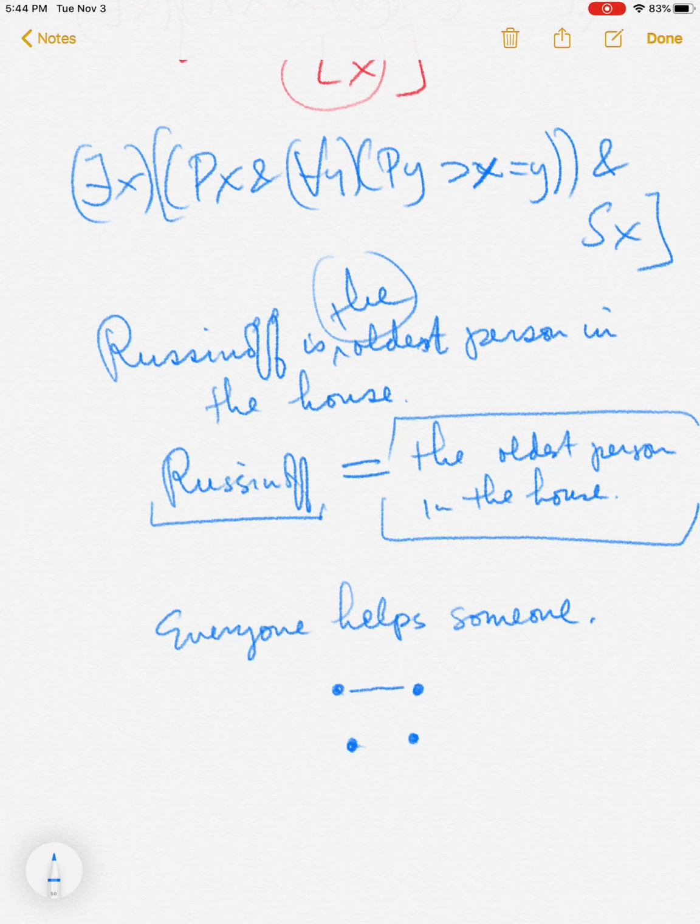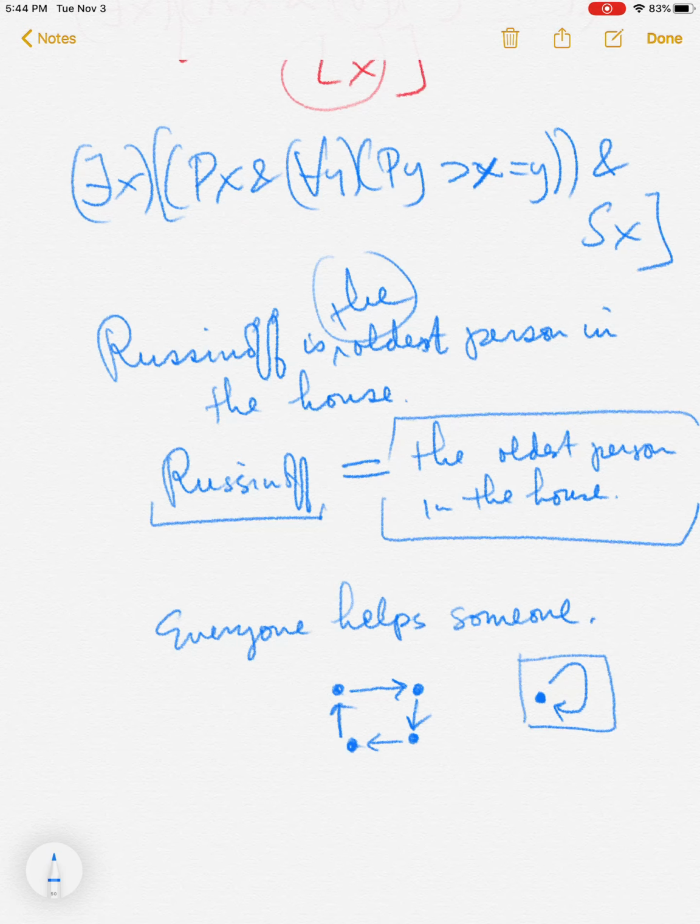So, like, this guy helps that guy. So everyone helps someone. You'd have to have, every dot has to have an arrow going out of it. So you could have something like that. Okay? But we also saw that this could be true in a one-membered universe of discourse. Everyone helps someone. Well, if you've only got one person in a universe of discourse, well then, if he helps himself, it's true that everybody helps someone because he's helping someone, namely himself.